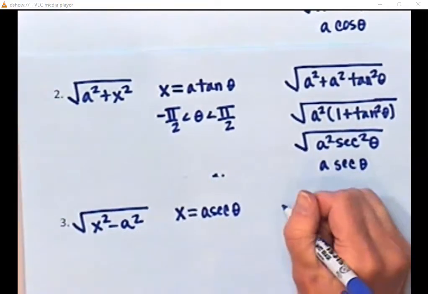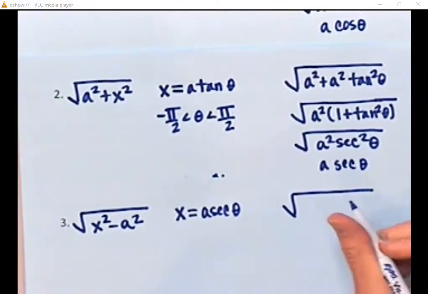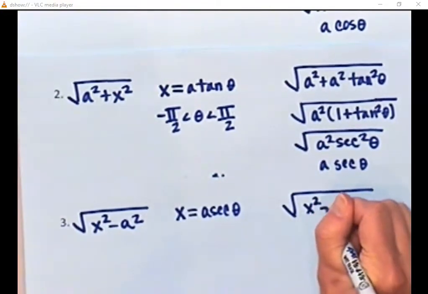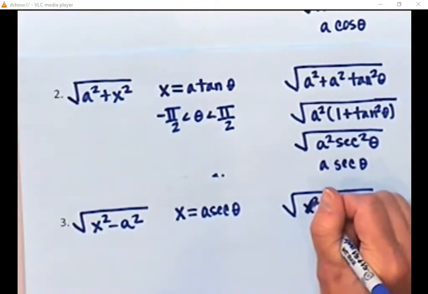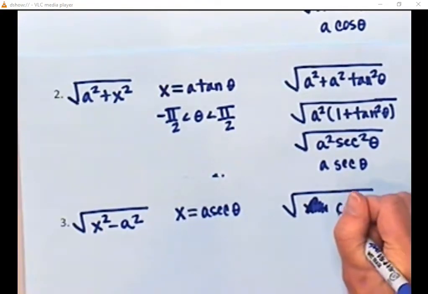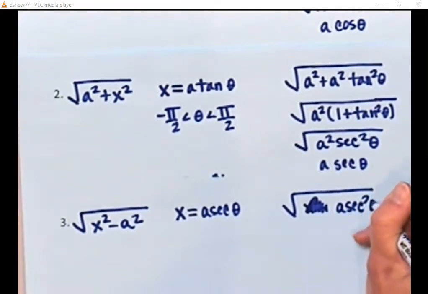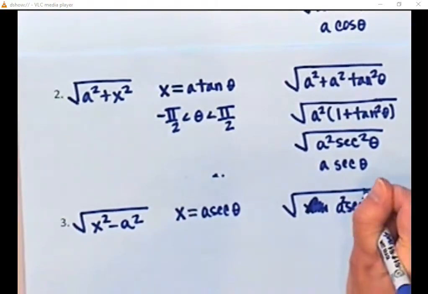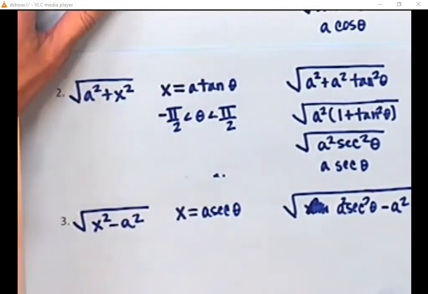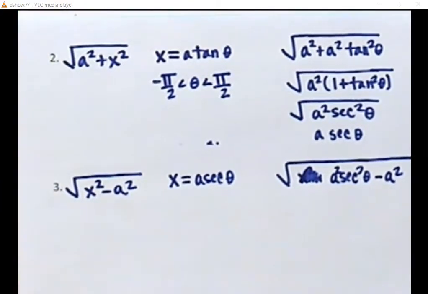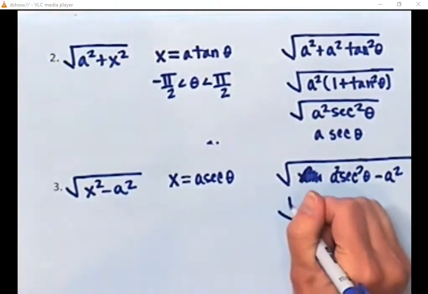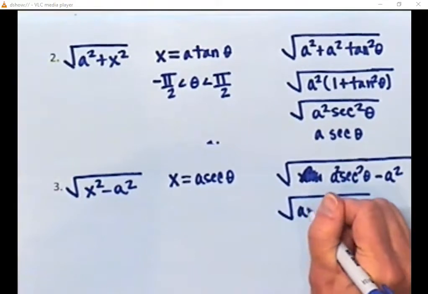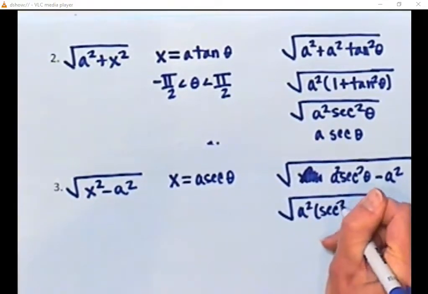And let's see why that might help us over here if we plug it in. So if I use a secant of theta, I will get underneath here, let's see, a squared secant squared theta minus a squared. Factor out the a squared, and you'll get secant squared theta minus 1.